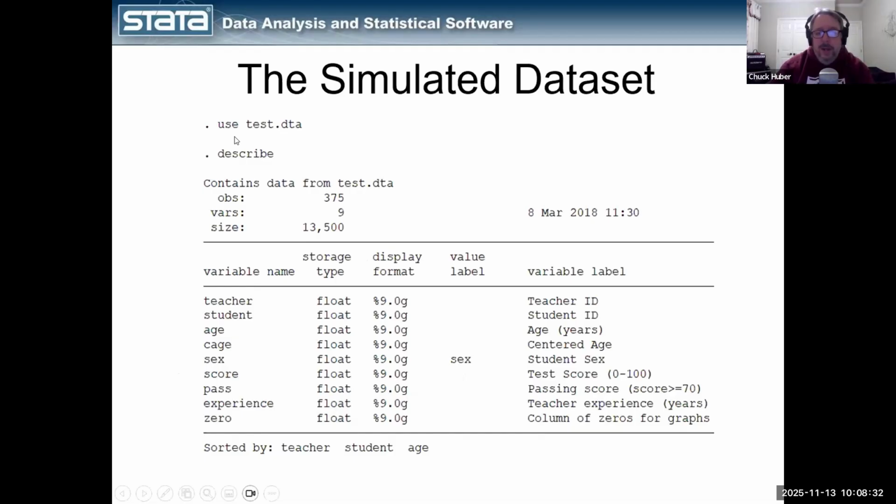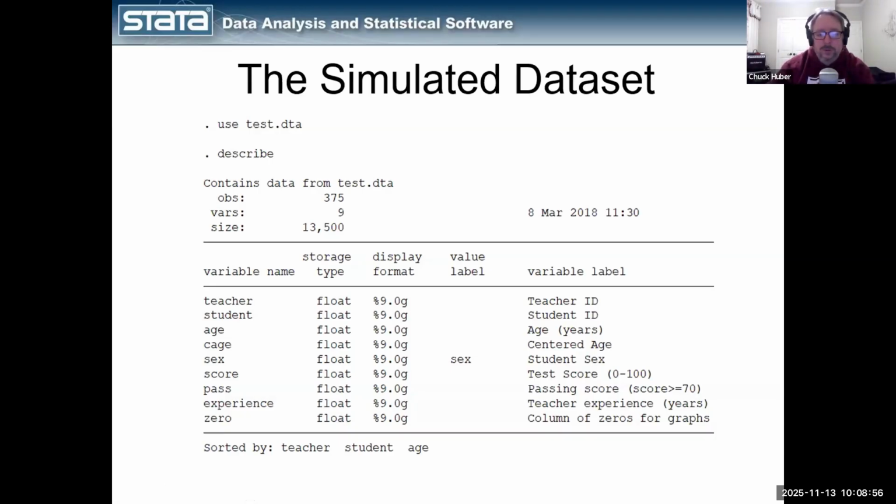This is the simulated data set. It's included in that download. It's just called tests.dta. And it includes the following variables. So I have teacher, which is the teacher's ID, student, which is a student ID, and then I have age, which is measured in years. C age, it looks like cage, but I call it C age. It's centered age, and we'll come back to centered age, what that's for shortly.